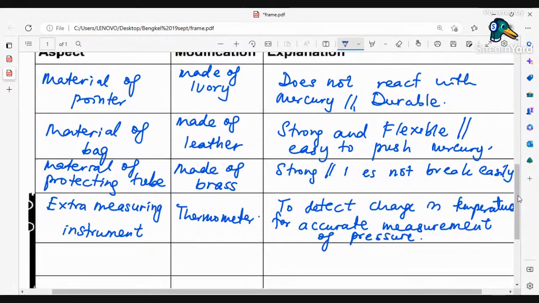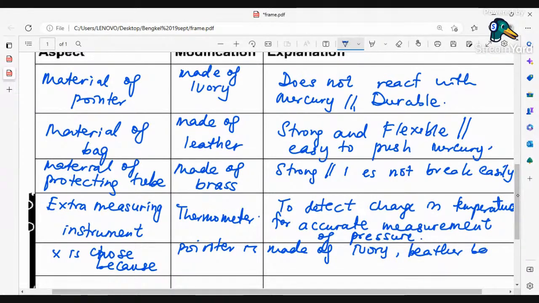So this one, X is chosen because, okay, write again, pointer is made of ivory, leather bag, brass protecting tube, thermometer is used. Is added. Okay.